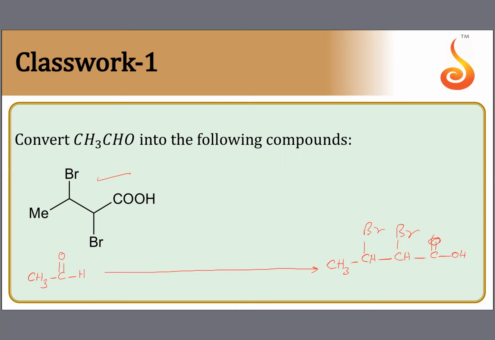So compulsorily 2 acetaldehyde molecules must be taken. This is a very logical question. Two carbons must be added by the removal of oxygen. After that, we have to add 2 bromine atoms.